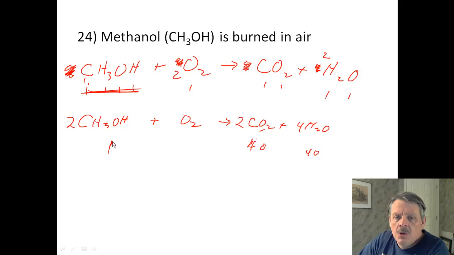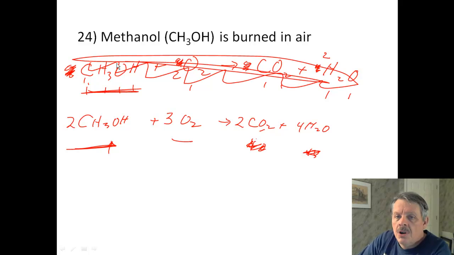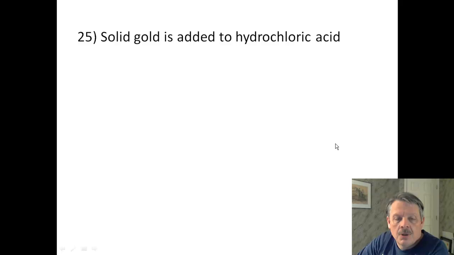But here we already have 2, so that means I have to have 3 there, because 6 oxygens here plus 2 oxygens there give me a total of 8. There's my problem. Okay, so I'm finally balanced. Sorry guys, that took a while. I was clearly doing something wrong. Methanol is a liquid at room temperature, and oxygen's a gas, and carbon dioxide's a gas, and water's a gas. Sorry that took so long, folks.